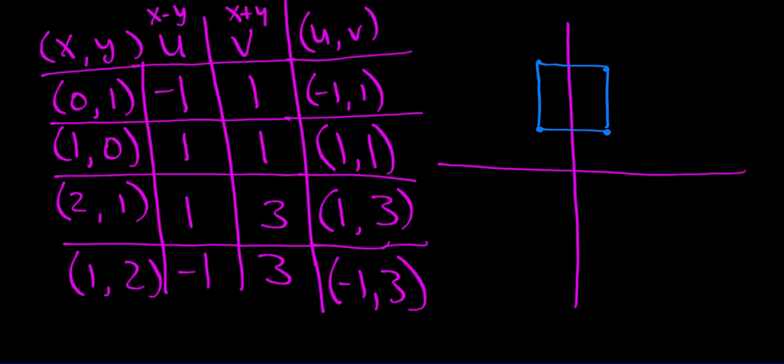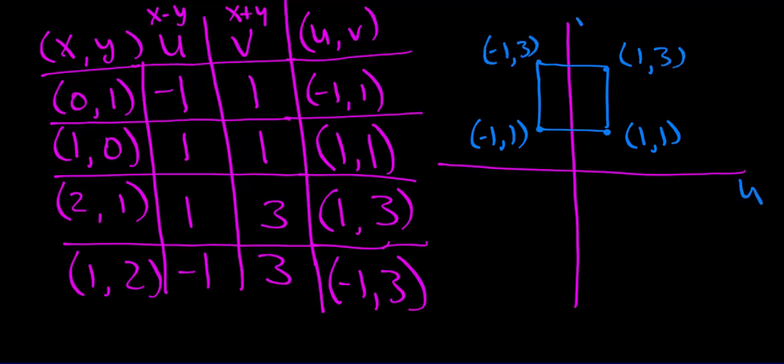There is my region that I'm going to integrate. So here is 1, 1, here is negative 1, 1, here is 1, 3, and negative 1, 3. And I've got this uv region. Does everybody see that?